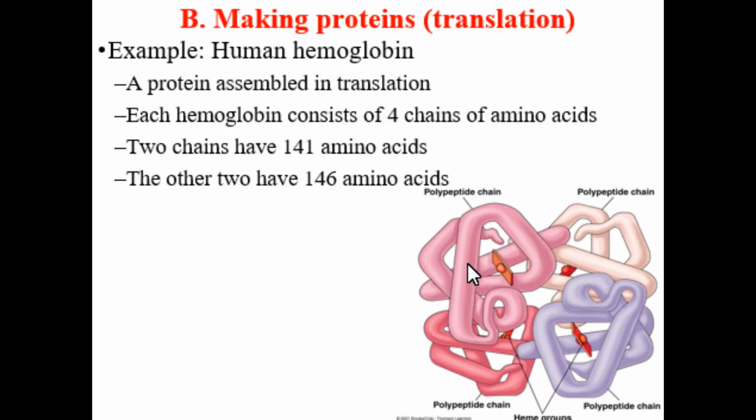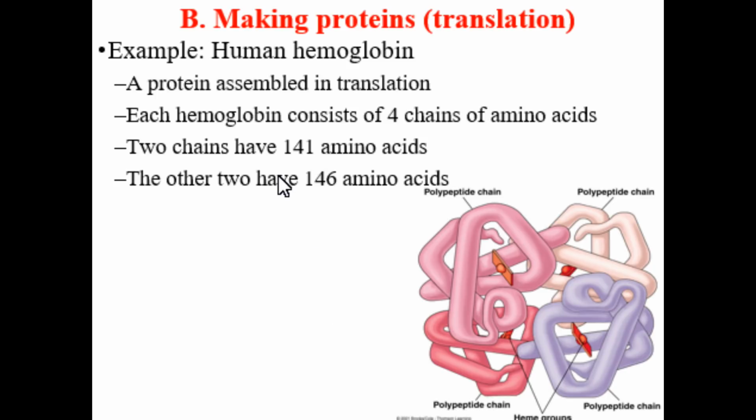There's another gene that we have in our DNA that allows you to make this darker pink polypeptide chain. And there's another gene in our DNA to make this light colored one, and there's another gene, a 4th gene, that allows us to assemble a chain of amino acids that results in this polypeptide chain.